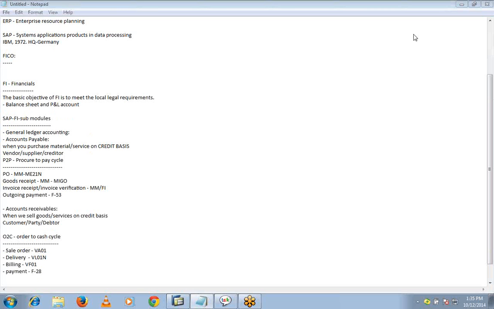For cash-related activities, we have the cash journal concept in SAP. Whether it is a sale or purchase, you bring the values into the cash journal. When we say credit items, then we have the order to cash cycle, or accounts receivable and accounts payable, for credit-related activities.